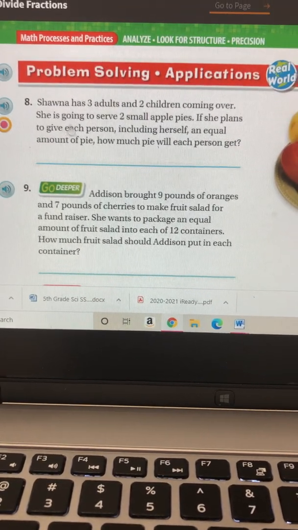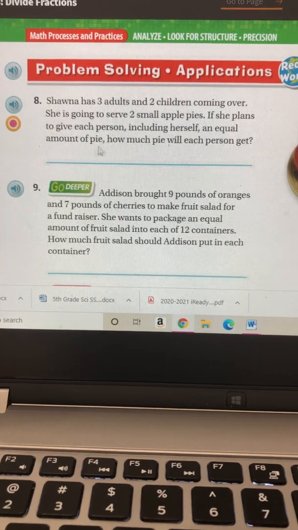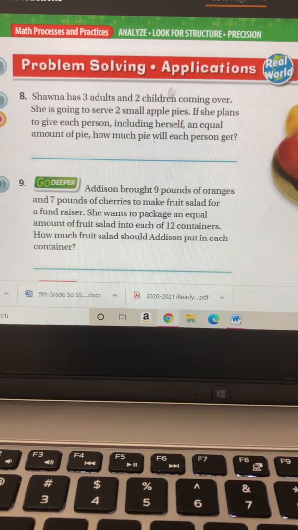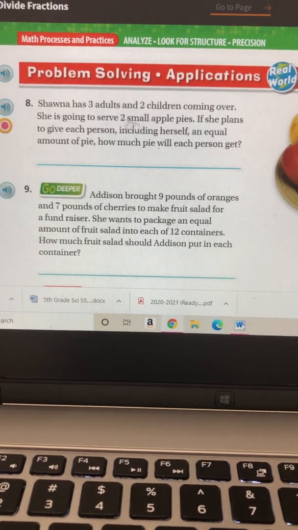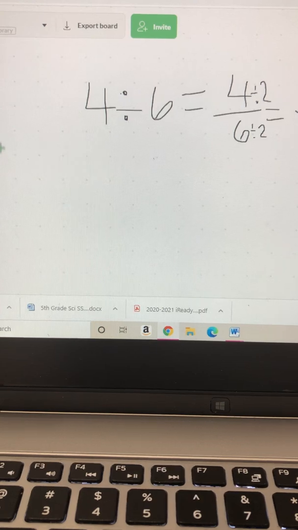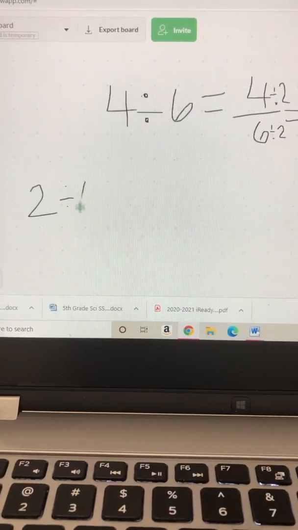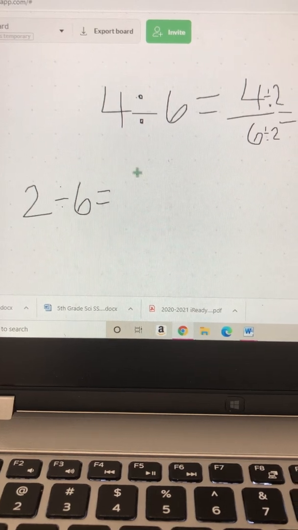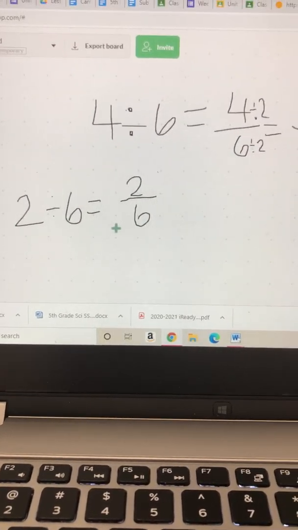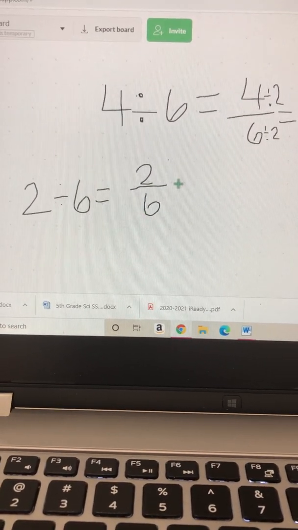So she's going to serve 2 small apple pies, and she wants to give each person an equal amount of pie. How much will each person get? So we're sharing 2 small pies with 6 people. So we're gonna say 2 divided by 6, which is 2/6. And then we obviously have to simplify this, which would be 1/3.